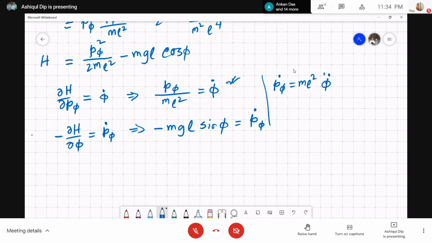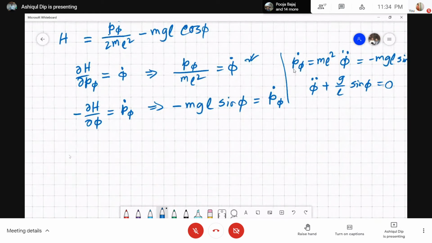And from this side you have minus mgl sine phi. So some of the stuff cancels out and you get phi double dot plus g by l sine phi equals 0. This is one way you could produce the previous equation of motion that you already know, right? But to integrate, what do you do?